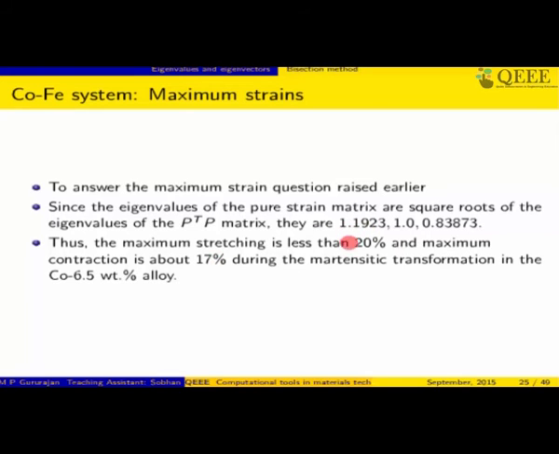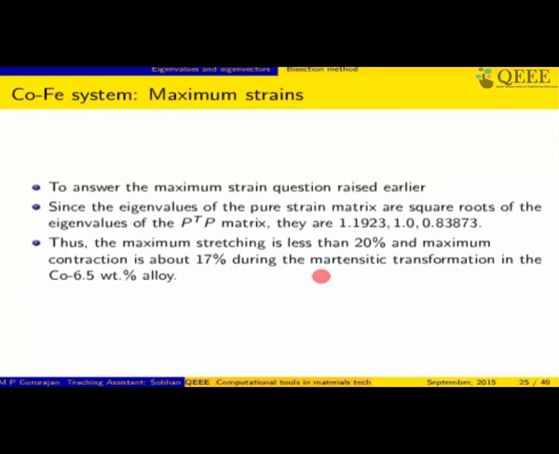That is less than 20%, about 19.2%. 0.83 means 1 has reduced, so that is why it is contraction. It's about 17% because 0.838 is like 0.84, so about 16%. If it increases in length in one dimension, it has to contract in another because the volume, I said, remains constant, right? That is how I gave this information.